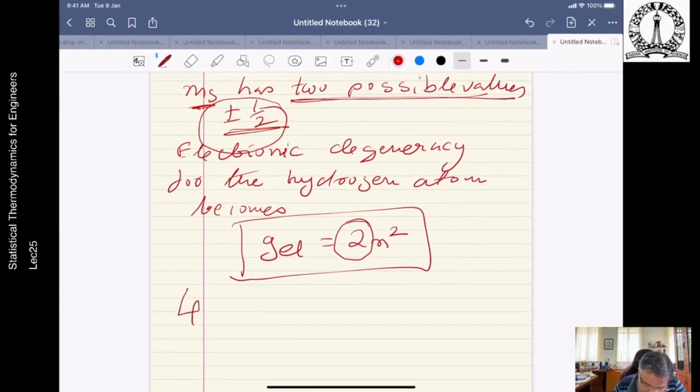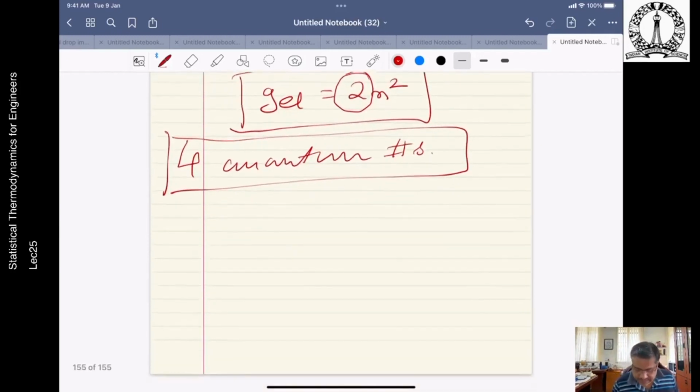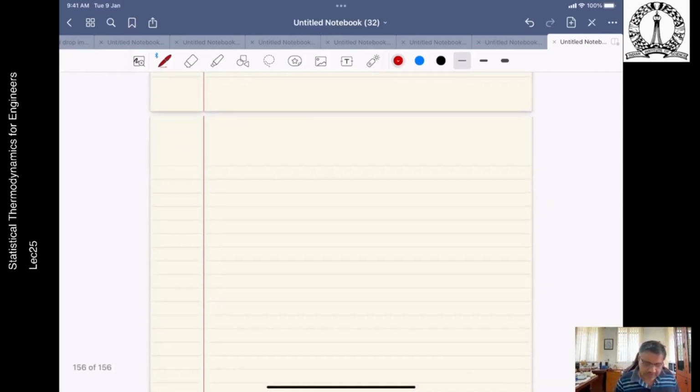So there are four quantum numbers, and all four are required to designate the electronic state. Obviously, the energy is dependent on the principal quantum number only. All right, so this completes the hydrogen atom.